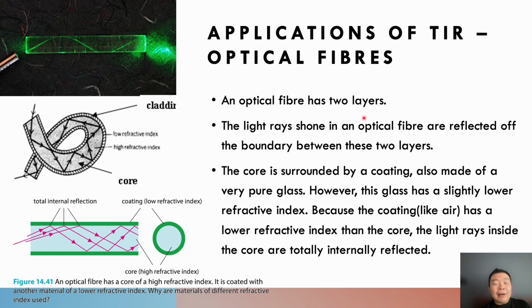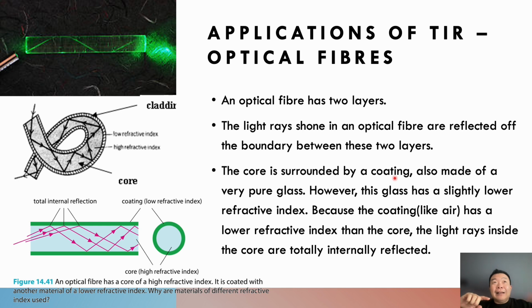So what makes this possible is that for optical fiber, there's a core material. The core material is surrounded by a coating. So actually, it's a transparent piece of wire, but in fact, it's made of two different materials: a core and a coating. The coating actually has a slightly lower refractive index.